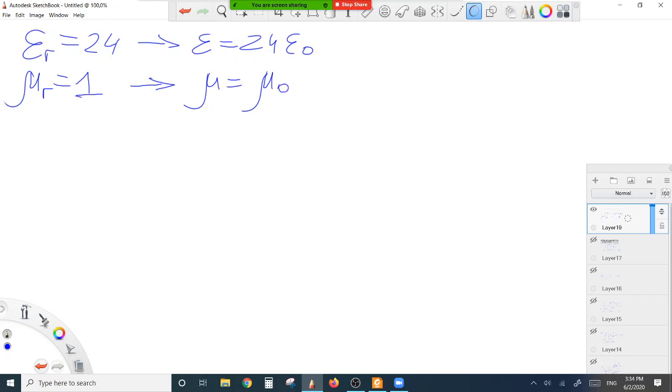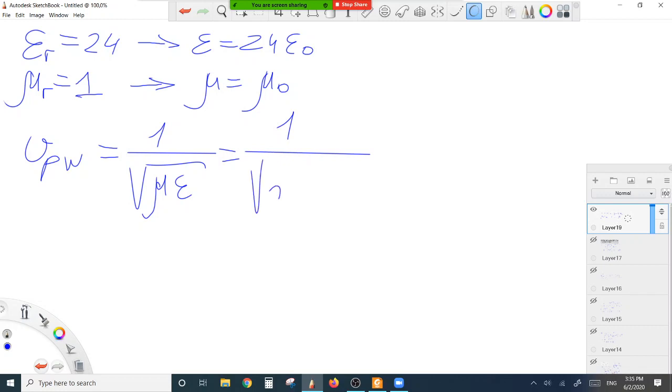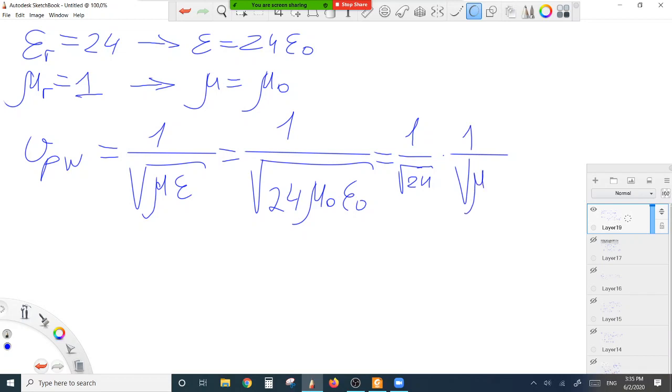Now let's compute the Vp of water, which is 1 over square root of mu epsilon, and is equal to 1 over square root of 24 mu 0 epsilon 0, or in other words, it is equal to 1 over square root of 24 multiplied by 1 over square root of mu 0 epsilon 0.